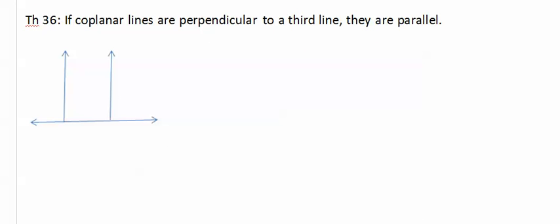And finally, the last theorem for this section. If coplanar lines are perpendicular to a third line, then they are parallel. So if I know that A is perpendicular to C, and B perpendicular to C as well, then A and B would be parallel.